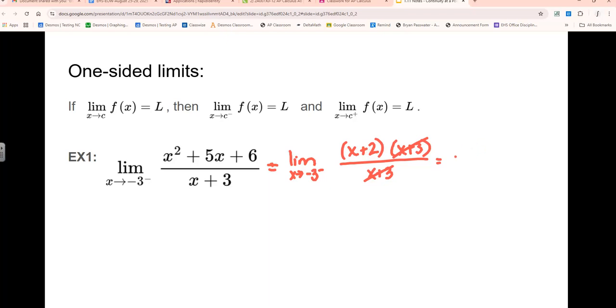So I would just plug in -3 now. -3 plus 2 equals -1. So we might need this a little bit later, so if you're asked to find a one-sided limit from an equation, just treat it like it's a double-sided limit because the left or the right has to be the same for that. Okay, that's just a little piece that we might need moving forward.